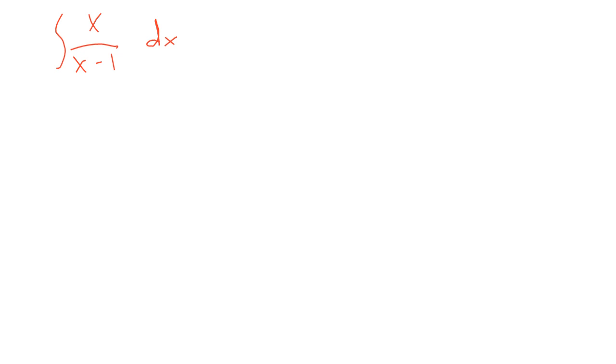if we have something situated like this, a good idea is to try to manipulate this to see if we can use our natural log rule, since that's usually a function on top and a function on the bottom. So let's try to let u equal x minus 1, and therefore our du is equal to our dx.